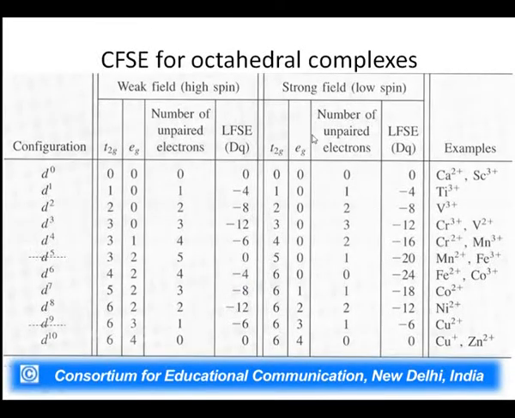Similarly, for strong ligands, when there is spin pairing, that means electrons are getting paired up, we can see that it keeps increasing till D6 state. That means the electrons are actually occupying the T2G set of orbitals. The various examples for these states are there.